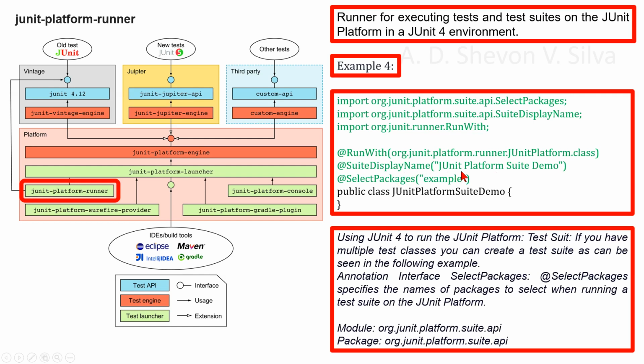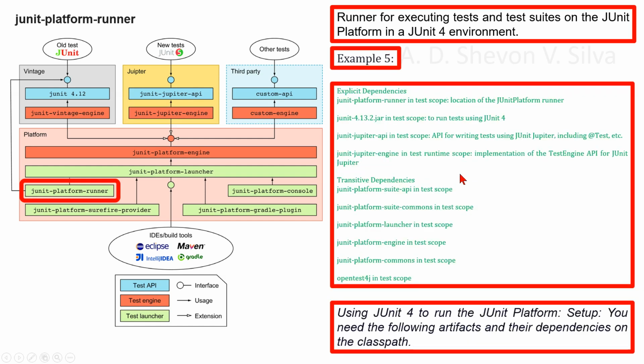As an example 5, we can consider this. Using JUnit 4 to run the JUnit platform setup, you need the following artifacts and their dependencies on the classpath.